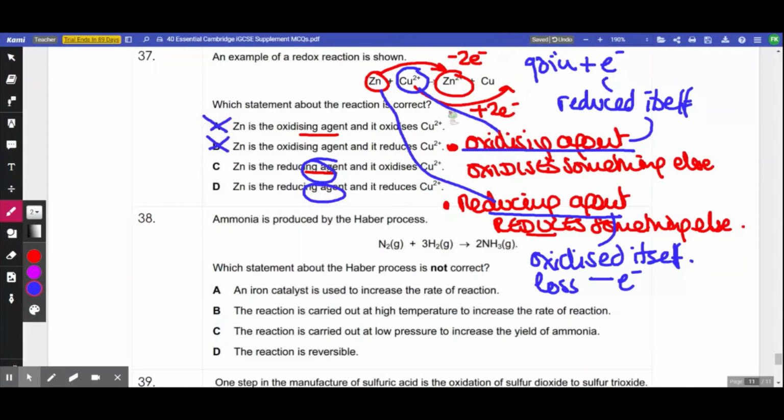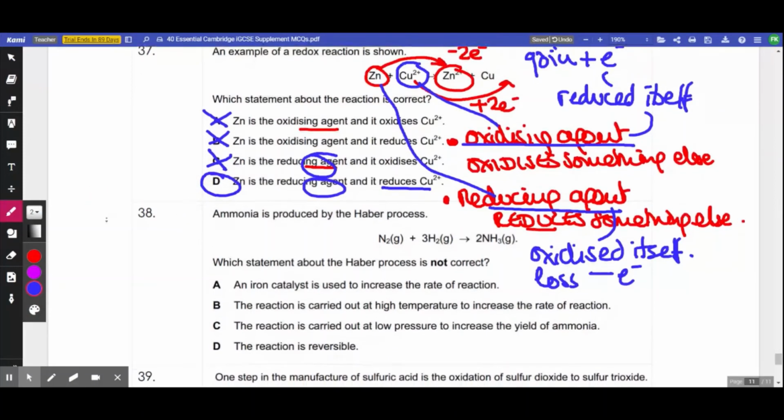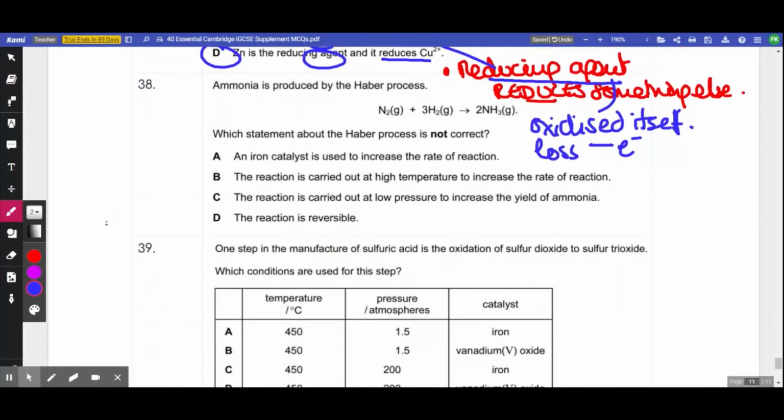The copper oxidizes something else, so it is actually reduced itself, and the correct answer then becomes D. So D is the right answer. Think about it through logic, and you should be able to get the answer that they desire.